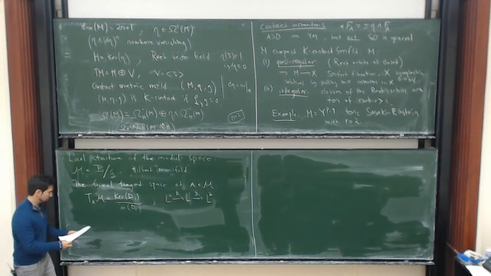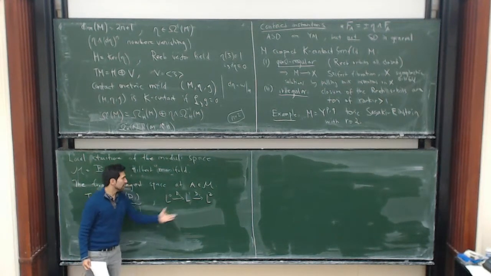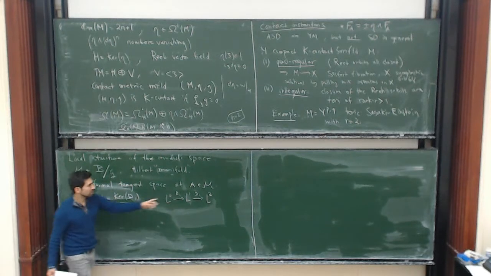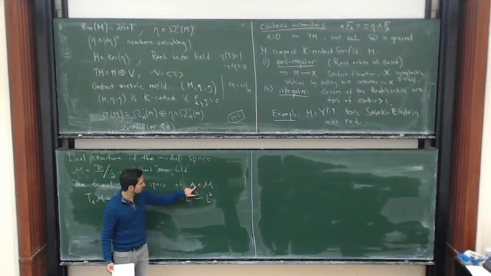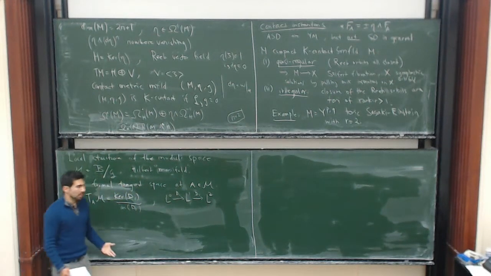Okay, so the idea is that you have a DGLA describing the deformations of an instanton. So you have instantons, and any element here that you add will give you another instanton if it's a solution to the Maurer-Cartan equation, right?